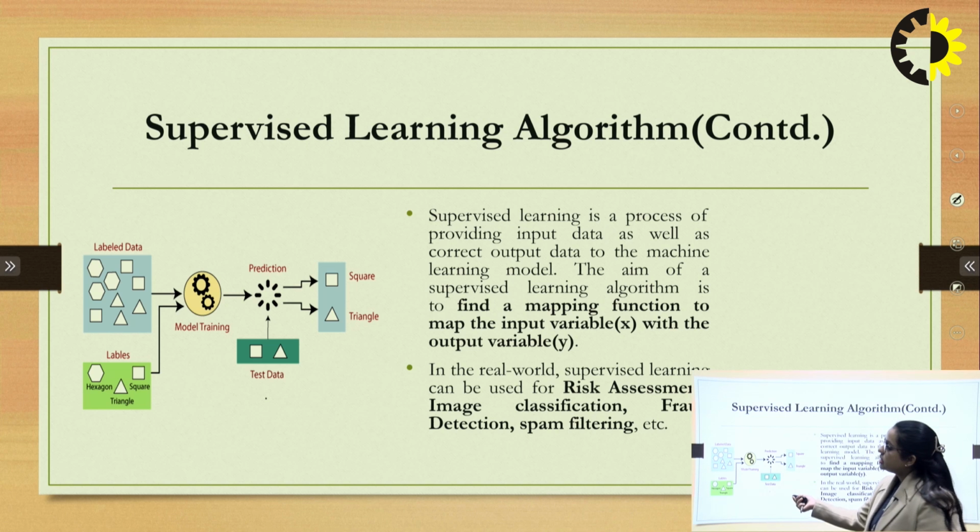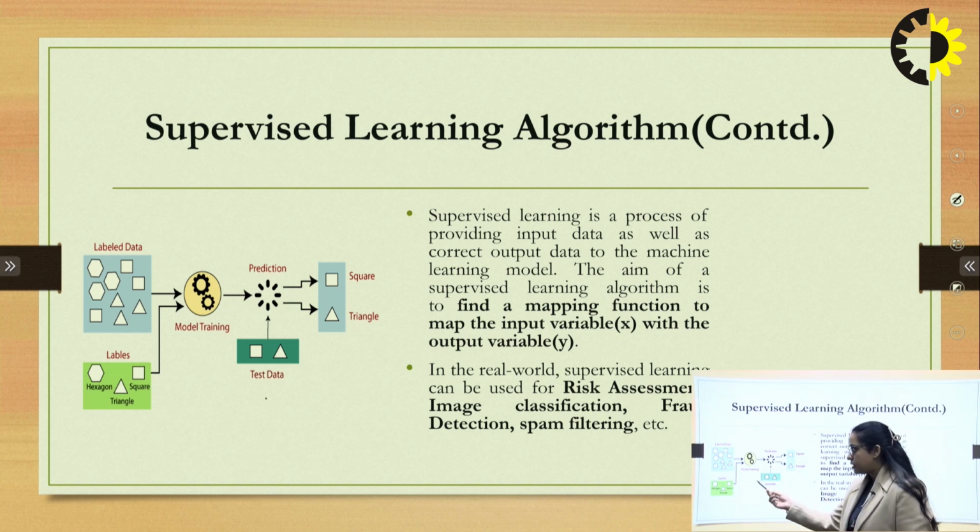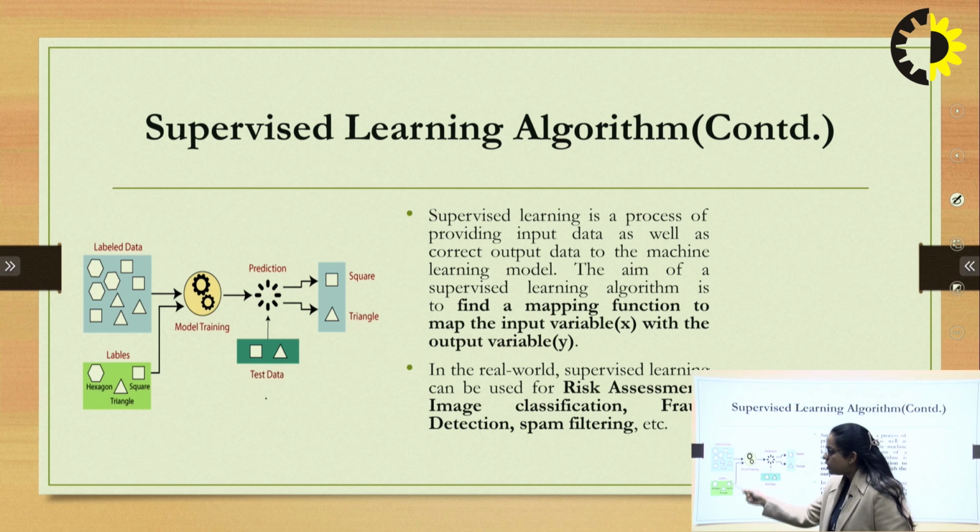Now we have to discuss this particular diagram. In this diagram, as you can see, the first level is for the labeled data set. In the first level, we are giving input to our machine model. The labeled data set comprises different types of shapes: hexagon, square, triangle, then another square.